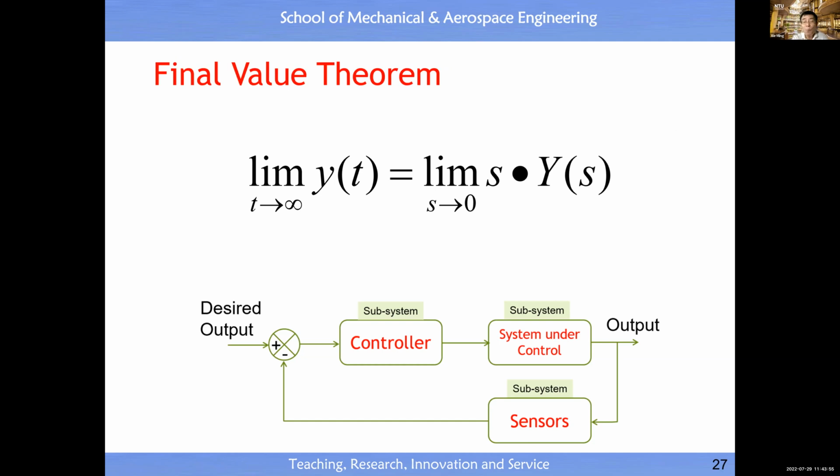These are two useful theorems, especially the final value theorem, because the final value in the time domain means the steady state response. In control theory terminology, the output is divided into two parts: steady state response and transient response. So the final value is the steady state response. That means in the frequency domain we can predict the steady state response. This is a magic result.